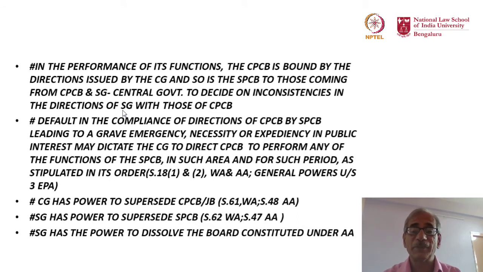What happens? There is an inconsistency here. And in that case, the matter will go to the central government, which will take an appropriate decision. Whichever way it decides is binding on all. Let me elaborate a little further in the next point.